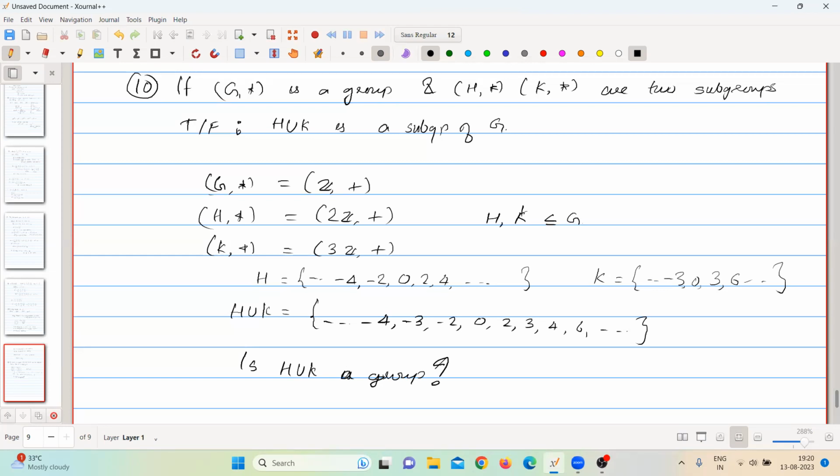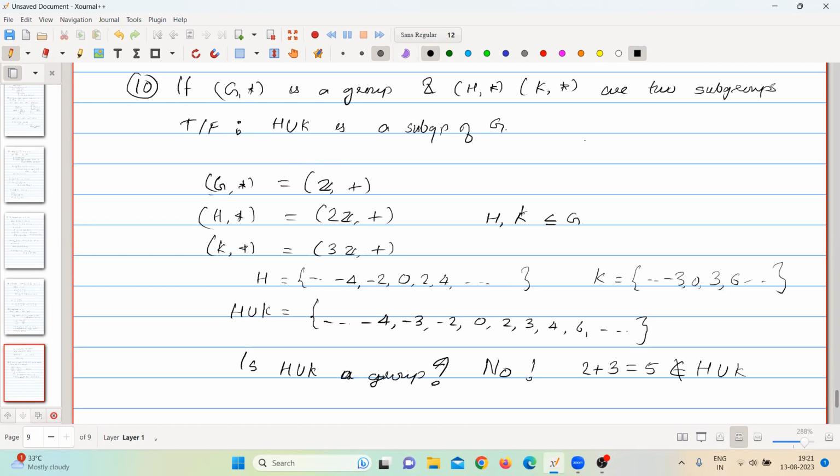No, madam, no. What is the reason? If we take the two elements 2 plus 3, 5 is not there in the group. I am taking 2 and 3 in H union K, but under addition it is not closed. 5 does not belong to H union K. So H union K is not a group. Okay, so H union K is not a group means it is not a subgroup of G. So the statement is false.